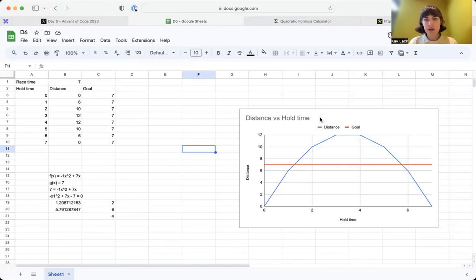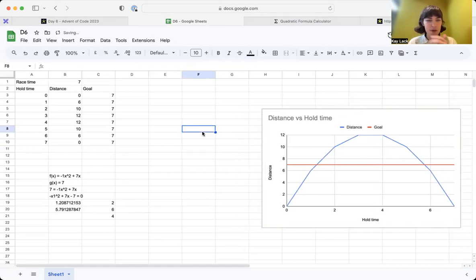I'm not going to set a timer because there's no timer in Google Sheets, but we'll know if we're roughly on par. I'm not going to time it specifically. Okay, so let's say I'm starting now.